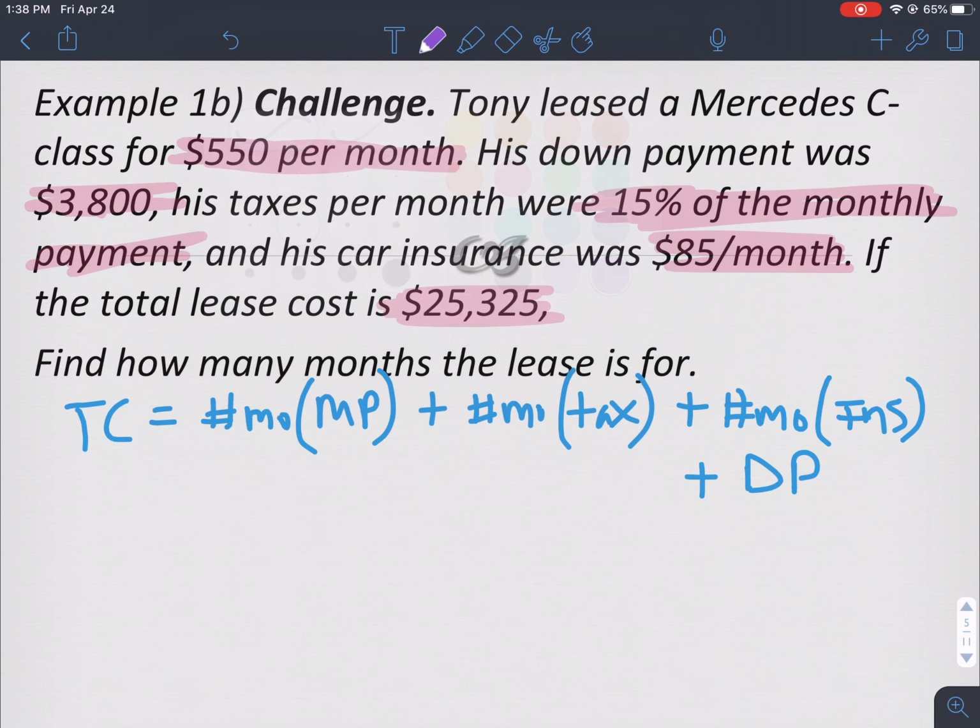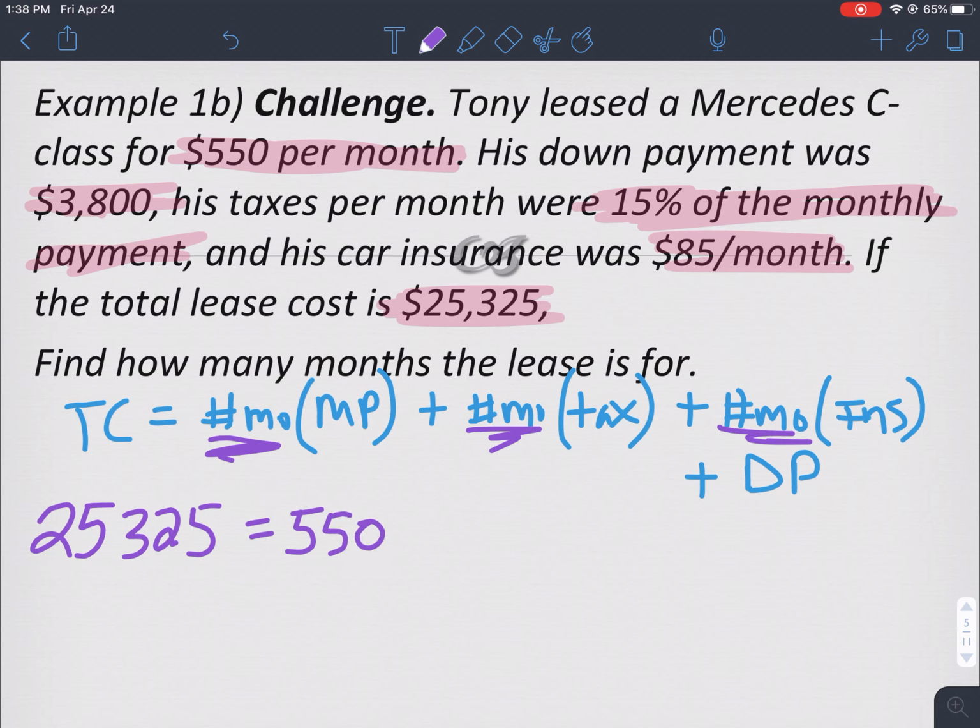Now, in this problem, we don't know the number of months, so let's make it X. The total cost is $25,325. The monthly payment is $550. The tax, well, we don't exactly know the tax, but we do know it's 15% of $550.